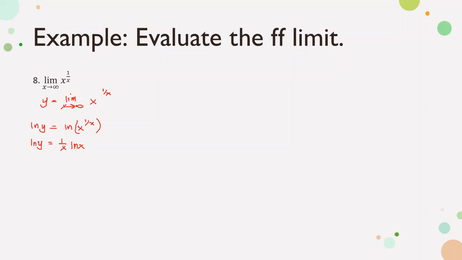Then after that, we take the limit of the right side only, I'm sorry. So we have ln y is equivalent to the limit as x approaches infinity of 1 over x ln x.